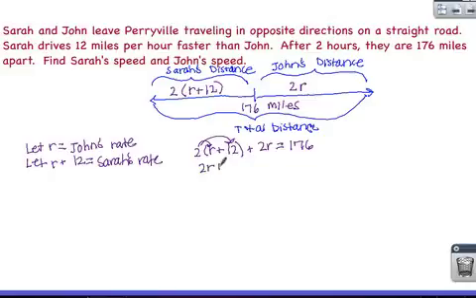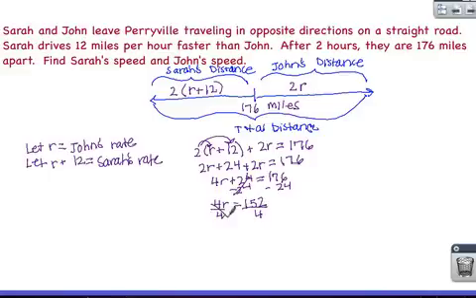Distribute to get 2r plus 24 plus 2r equals 176. 4r plus 24 equals 176. Subtract 24 from both sides. So we get 4r equals 152.